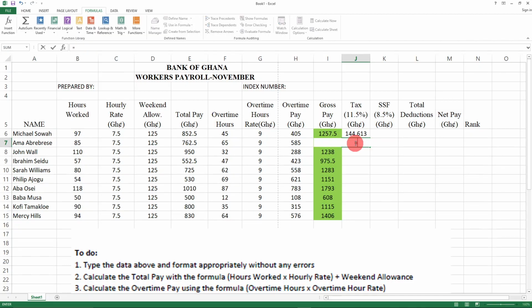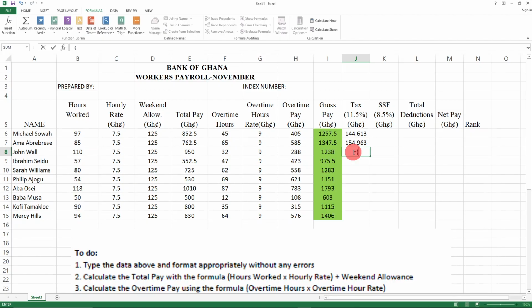Then let me use the option that I was talking about. So I7 times 11.5, you close the brackets, divided by 100. Then the next one, the same thing, equal brackets. We are doing it for John.